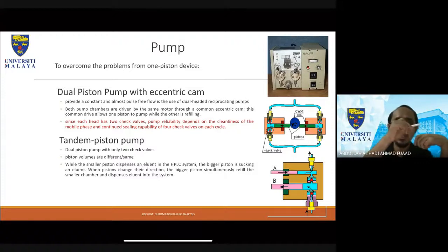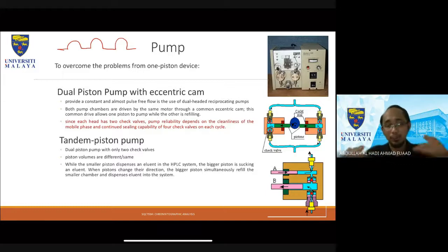Okay, so instead of having a normal pulse, high pressure, normal pulse, high pressure, normal pulse, high pressure, if you have a dual piston system, you can smooth it out. Of course, we don't create our own pumps. Okay? We normally purchase it, but in case in the future someone donated a single pump to you, it can happen. I'm not saying that it's impossible.